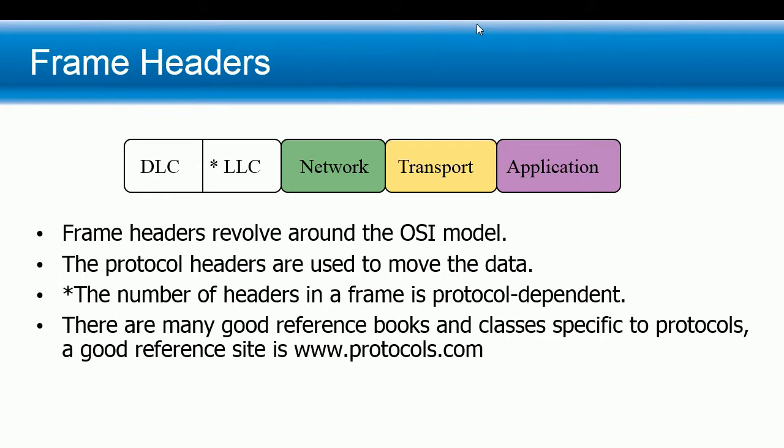Newer protocols today, like spanning tree, Cisco Discovery Protocol, use LLC headers, and we'll talk about that in a future segment. But today we're just going to focus on the Datalink layer, 14 bytes, and what rides on top of that, the network or IP header, and then the transport header.